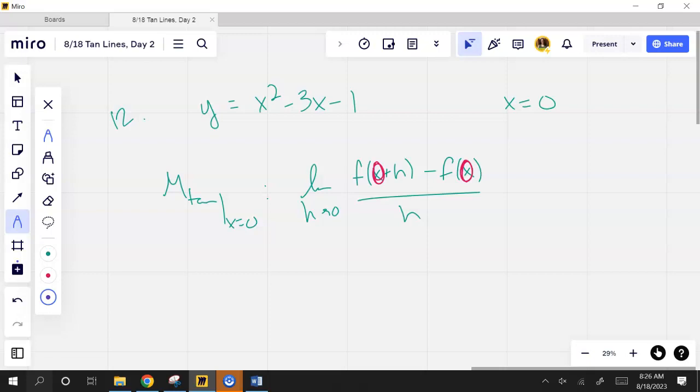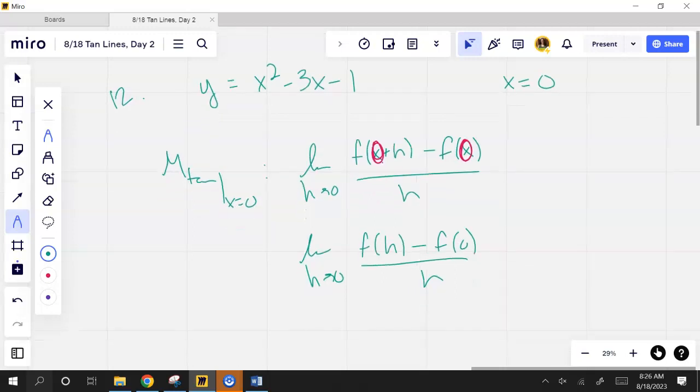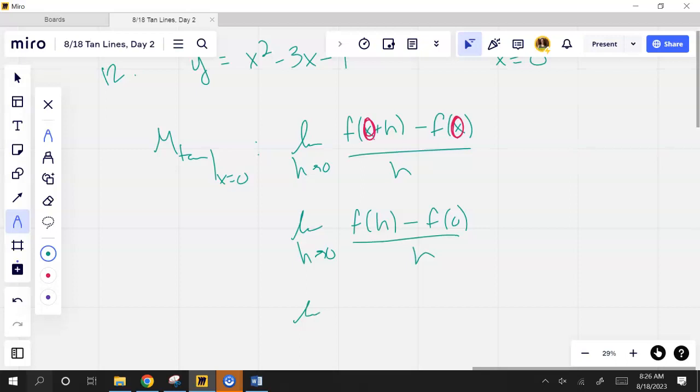This makes it a little bit easier because really this is just the limit as h goes to 0 of f of h minus f of 0 over h, right? Because 0 plus h is just h. Just put an h everywhere there's an x. H squared minus 3h minus 1. Now plug in a 0. What's f of 0? Negative 1.